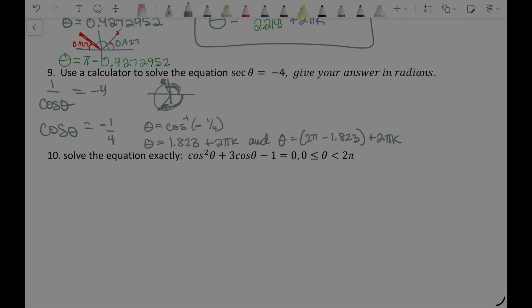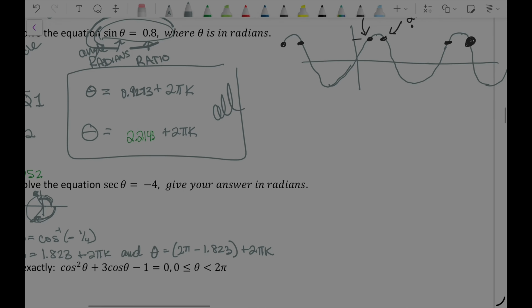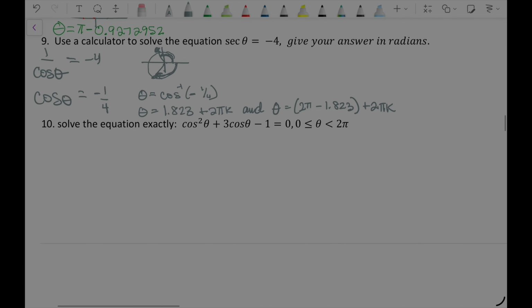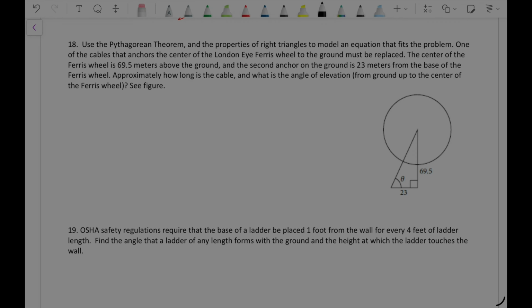Okay? Could we graph this similarly to this? Find the values? Absolutely. All right. And the properties of right triangles. We're going to model the equation that fits this problem. One of the cables that anchors the center of the London Eye Ferris wheel to the ground must be replaced.